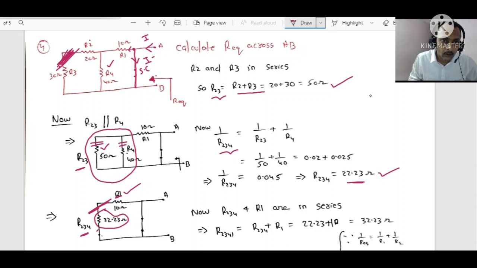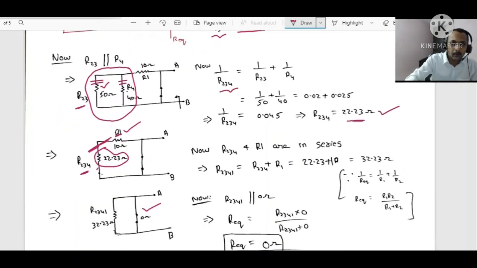In a short circuited path, resistance will be 0 ohms. Looking at this circuit itself, you can tell simply RAB is equal to 0 ohms. But instead of saying that directly, step by step we have solved here, and we have concluded that RAB equals 0 ohms.